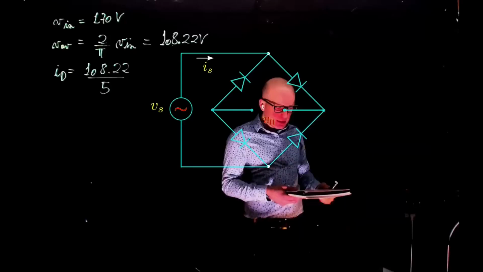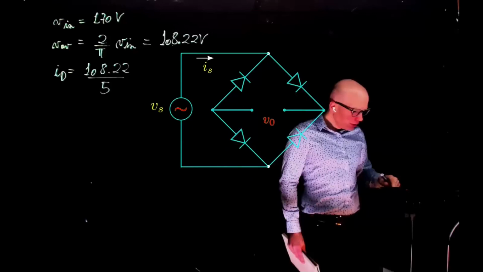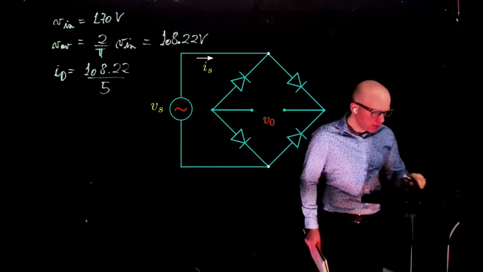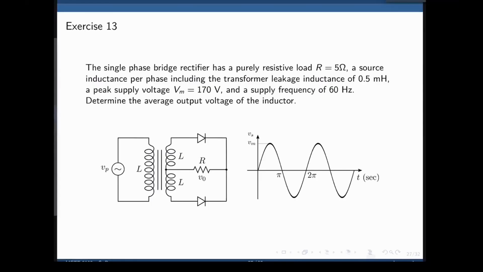In exercise 13 we have the same circuit, but now we know that the transformer has a leakage inductance of 0.5 millihenry. Let's determine now the average output voltage of the inductor, so the voltage drop across the inductor because of its own inductance.